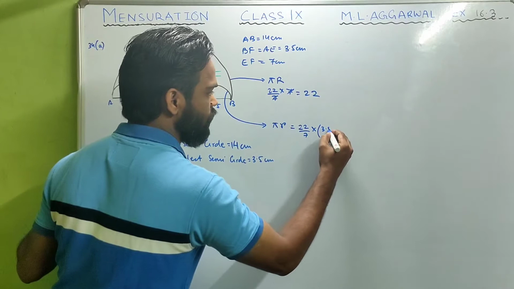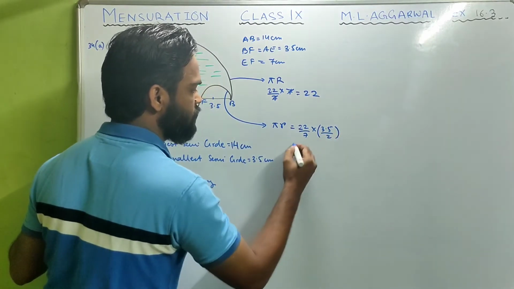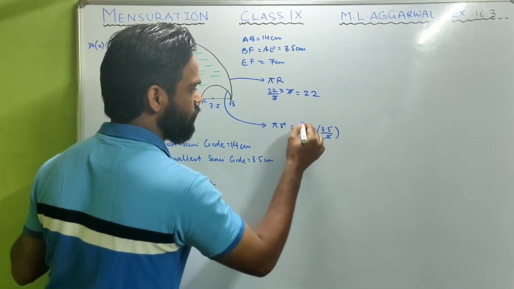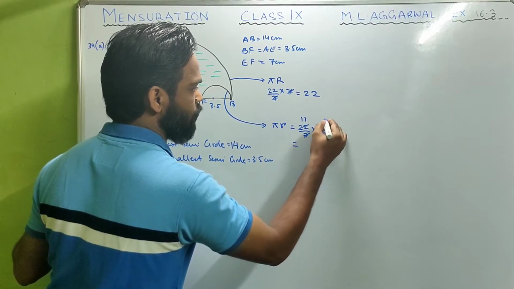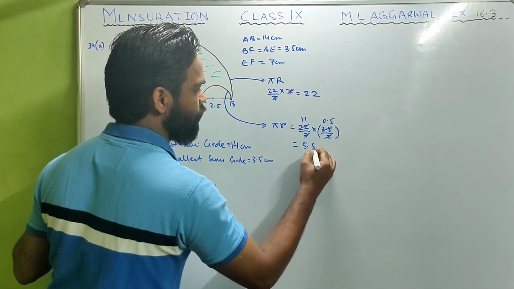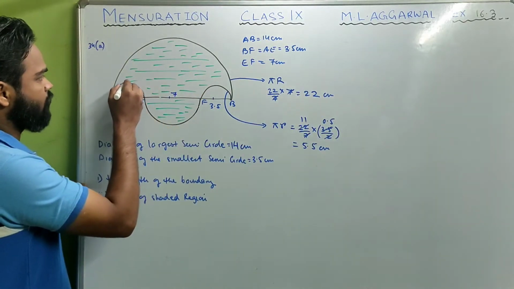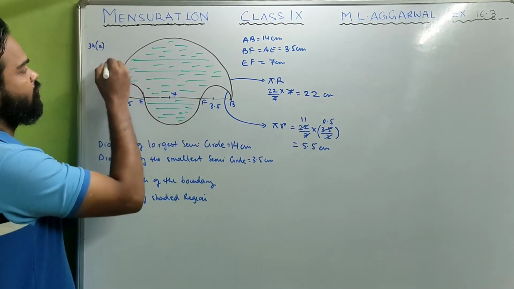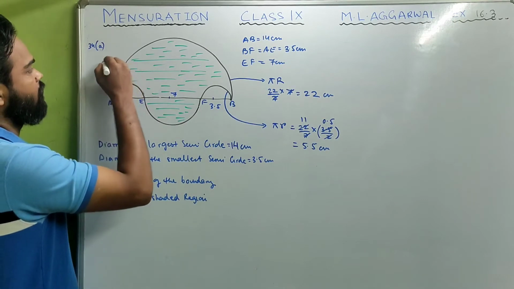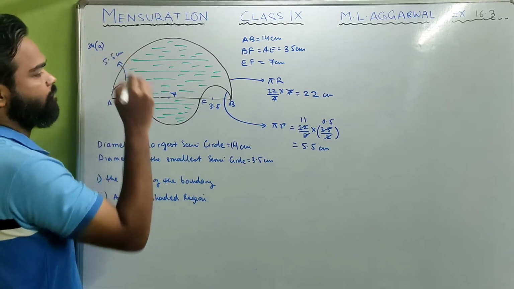So this is 22 by 7 multiplied by 3.5 by 2, isn't it? So that becomes 11 times 0.5, that's 5.5 centimeter. Similarly, for this region also, the circumference of this part will be 5.5 centimeter.